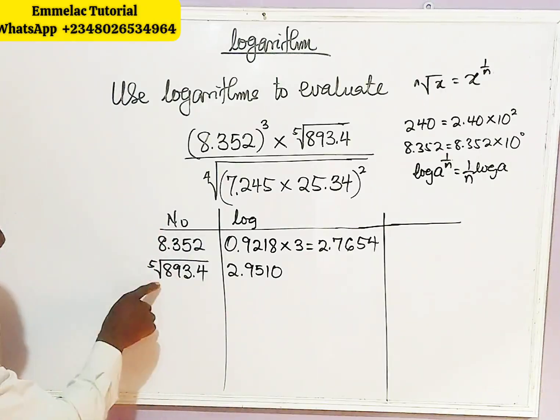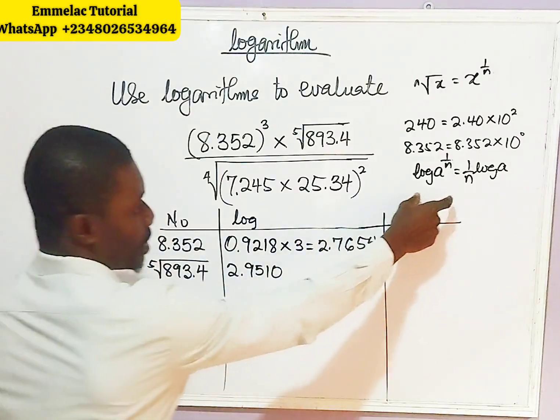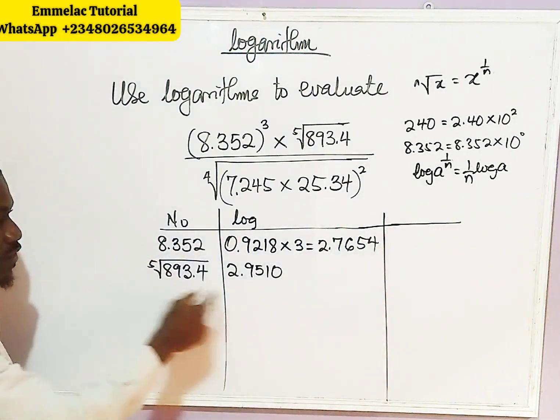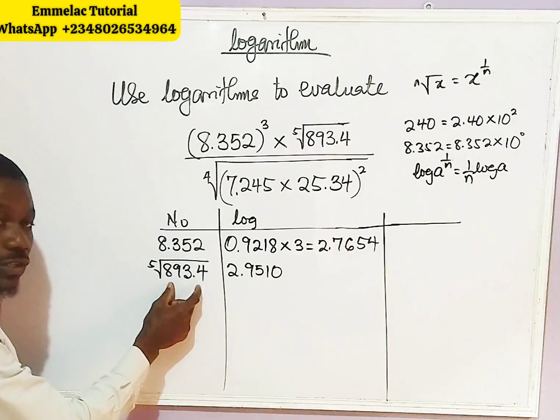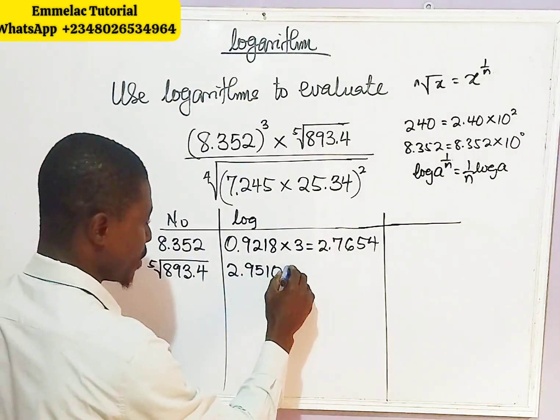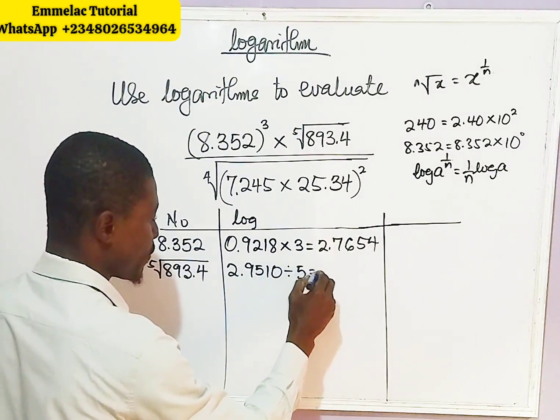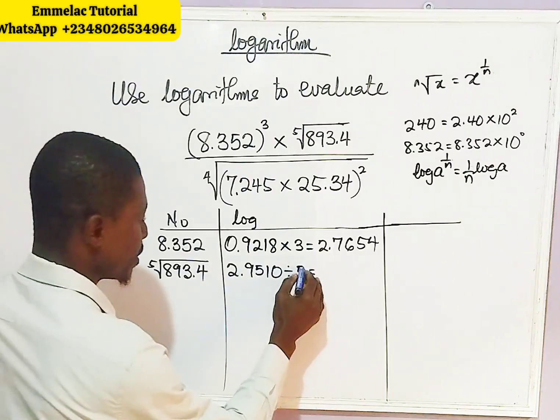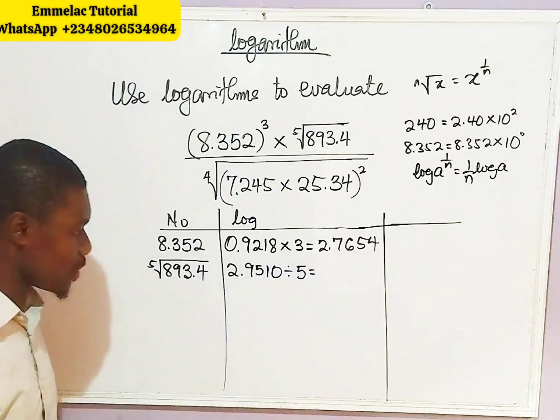Okay, so in this case, this is the same thing as this, which means we'll be dividing the log of this number by 5. So this divided by 5. Okay, alright.